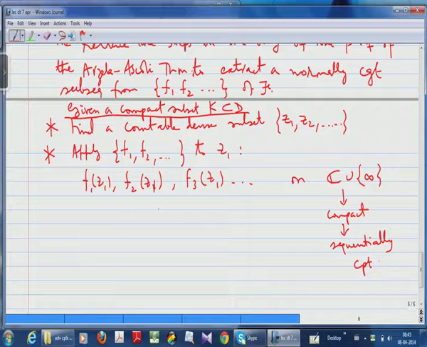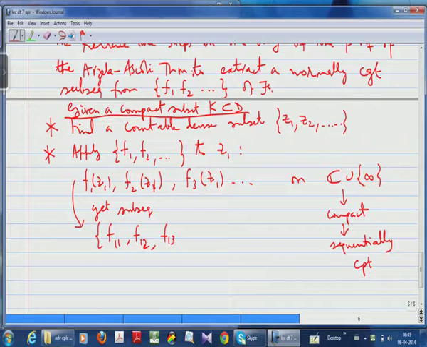And because of that, I'll get a subsequence f11, f12, f13 such that f1j of z1 converges.